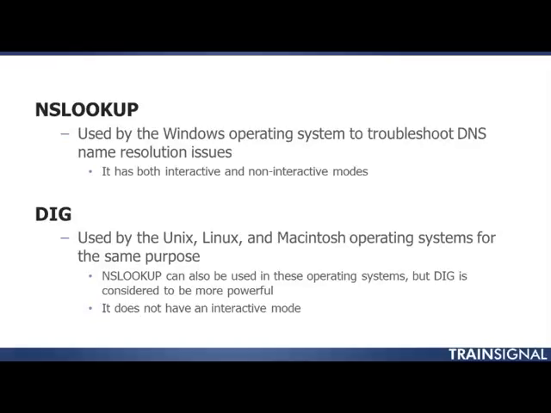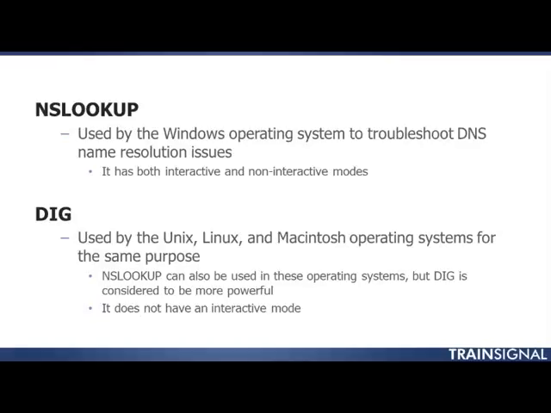What this means is you can go to your command line in a Windows environment and just type NSLOOKUP, and it will take you into the NSLOOKUP prompt. You won't be in a normal command prompt anymore. From there, you can type different commands that work within the utility, or you could type out an entire command where you have NSLOOKUP and then various switches that follow the command to get a result just from that one command.